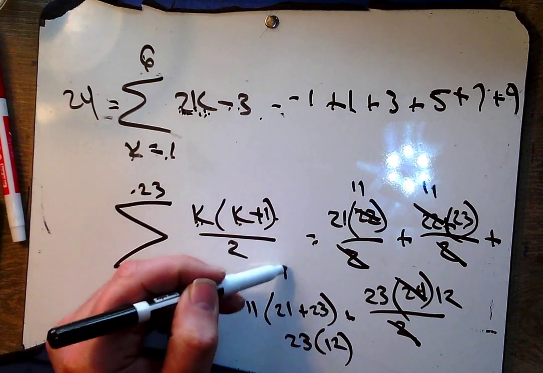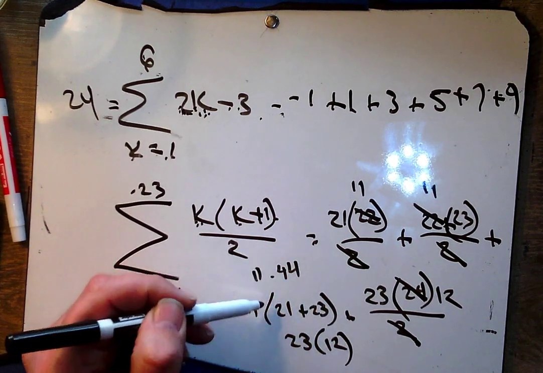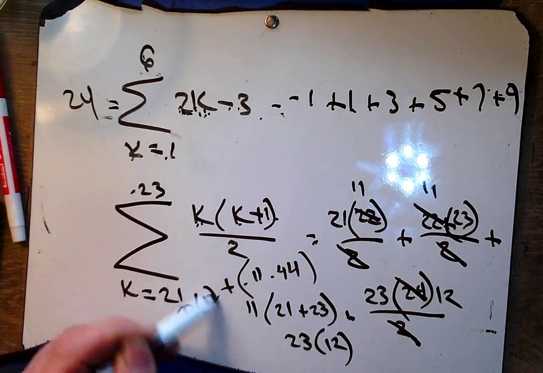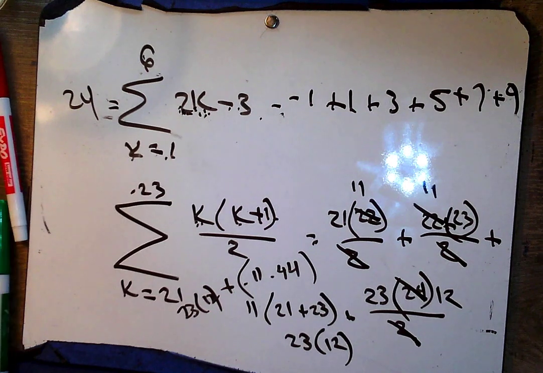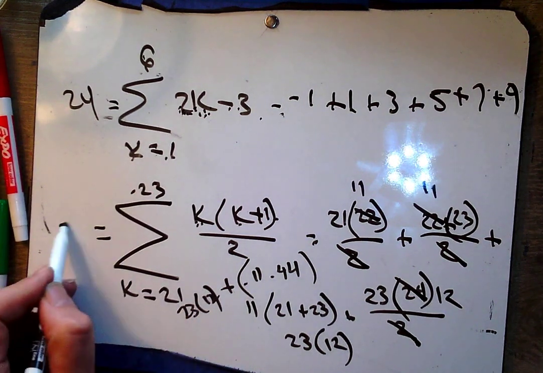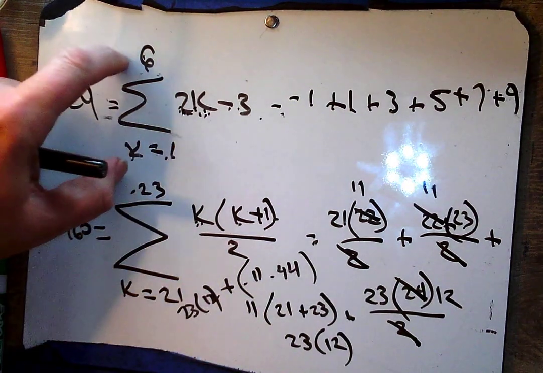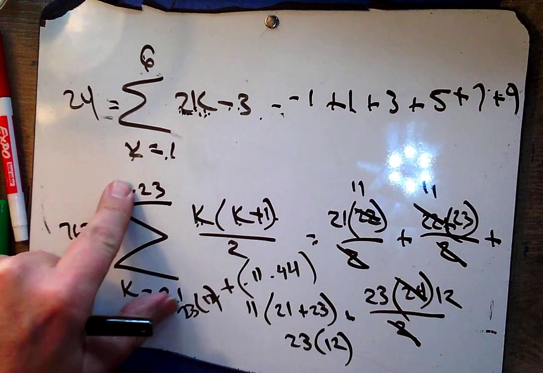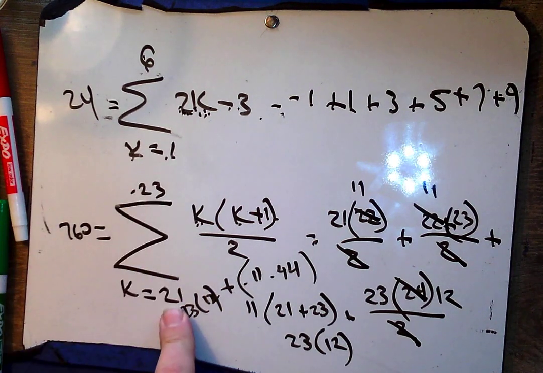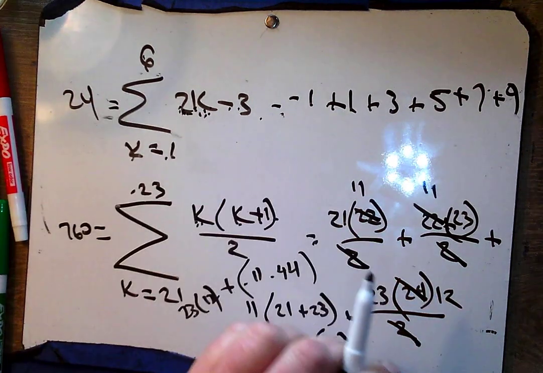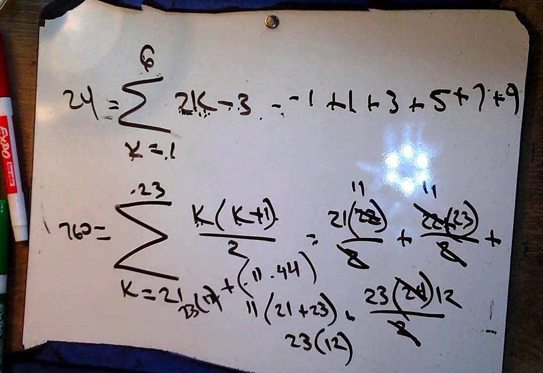So that's 44 times 11 plus 23 times 12, and I get 760. Okay. Yep, so if these numbers are small, or if there's not a lot of values between, I'm going to plug in a 21, a 22, a 23, I'm all done. I might as well just plug those numbers in.